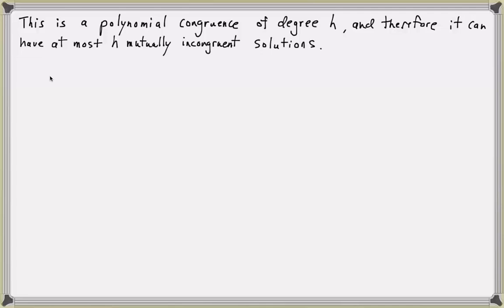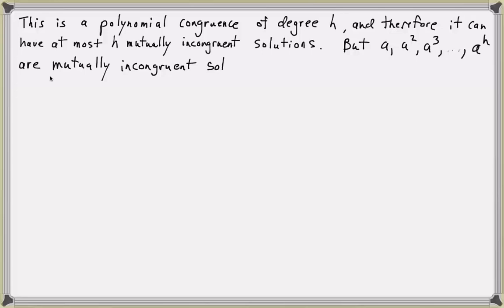But consider a raised to the powers 1, 2, 3, all the way up to h. Then a, a squared, a cubed, up to a to the power h are all solutions of this congruence, and they're all mutually incongruent.